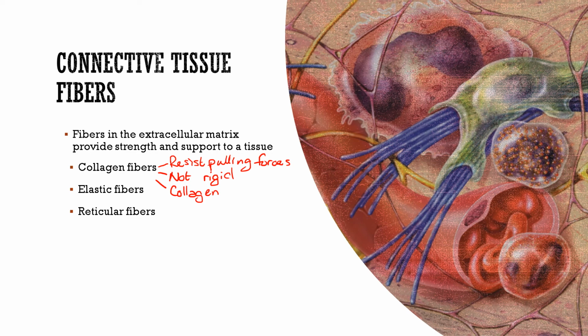Now, collagen fibers are found in most types of connective tissues, especially in bone and cartilage and tendons, which attach muscle to bone, and also ligaments, which attach bone to bone. So tendons attach muscle to bone, and ligaments will attach bone to bone.